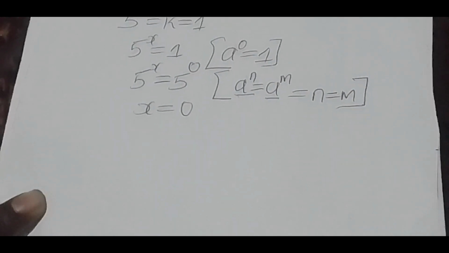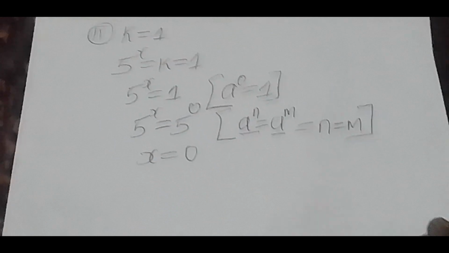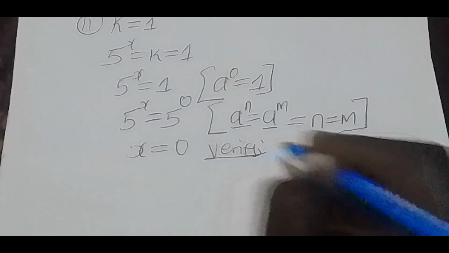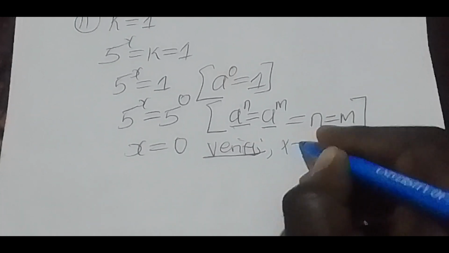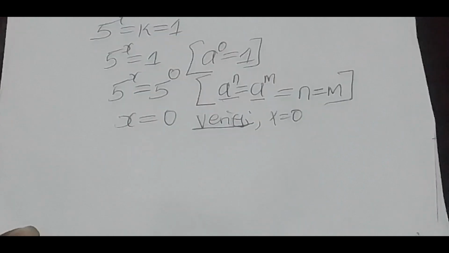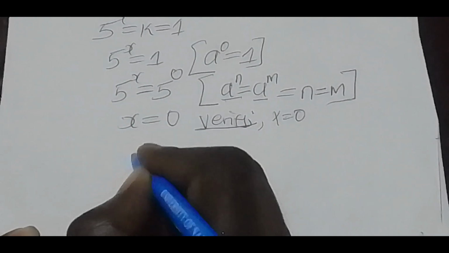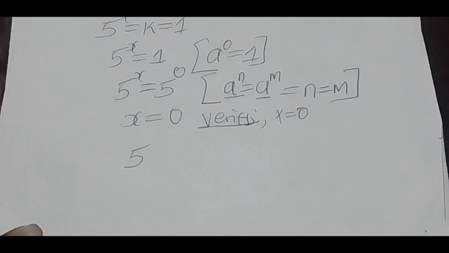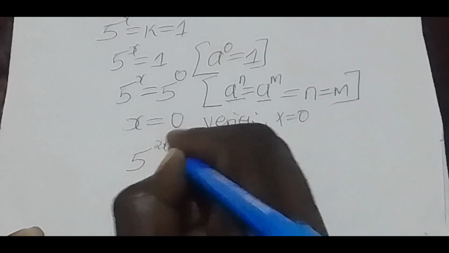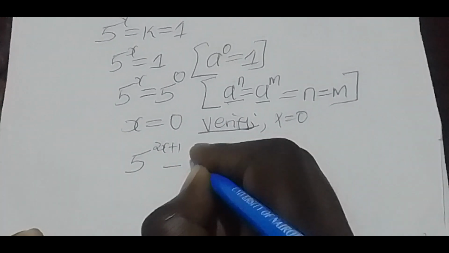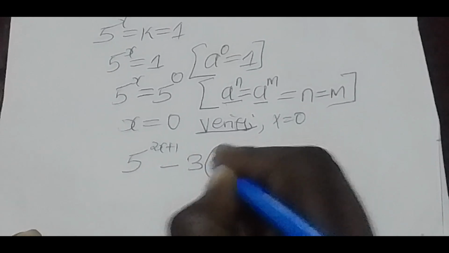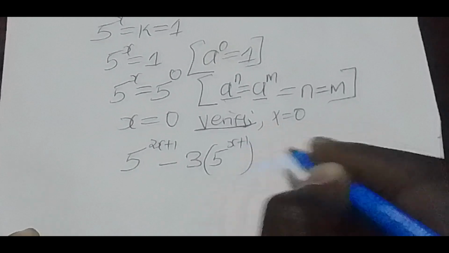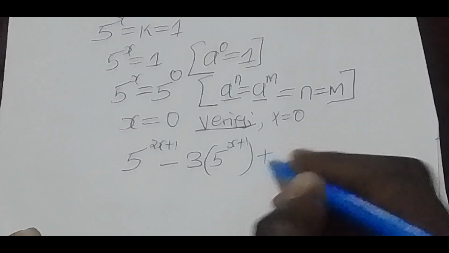Okay, so we can verify if this is true, given that the value of x is equal to 0. Let's verify. Now we have our exponential equation as 5 raised to power 2x plus 1 minus 3 into the bracket 5 raised to power x plus 1 close the bracket plus 10.